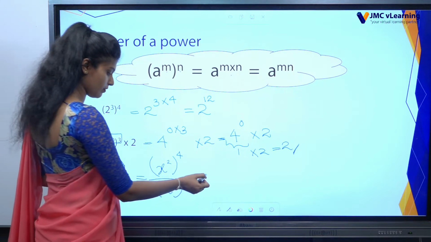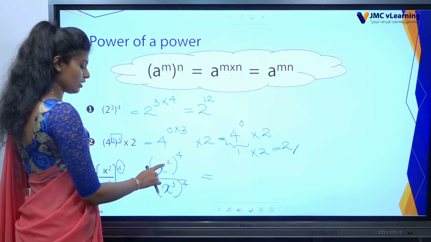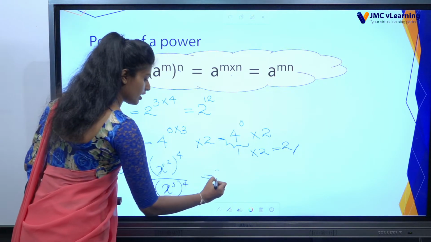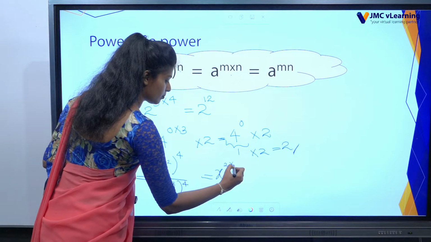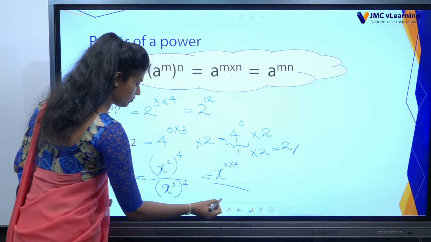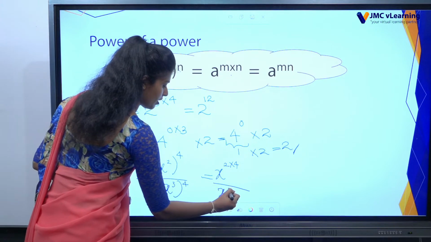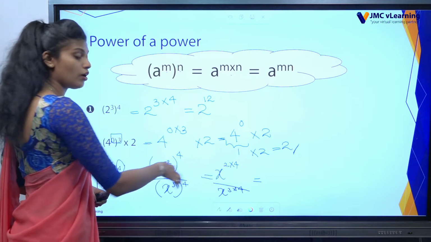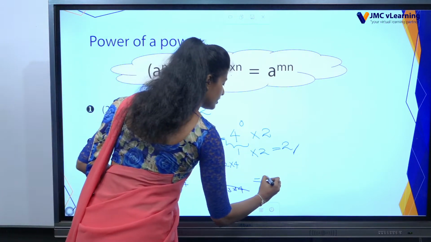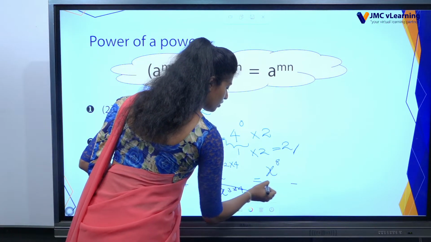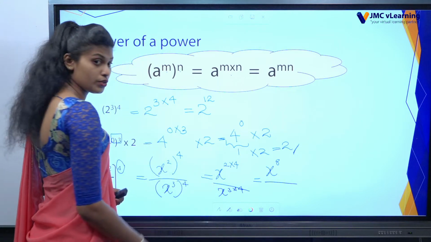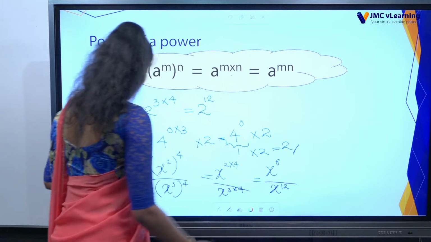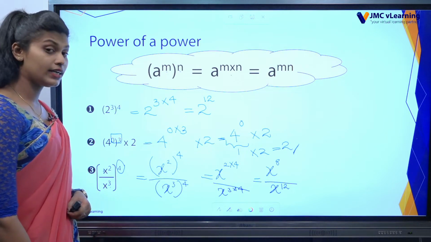Now we can simplify this one. Here you have to multiply the two powers: x to the power 2 multiplied by 4 over x to the power 3 into 4. 4 into 2 is 8, so x^8 over 3 into 4, x^12. Then here is division.